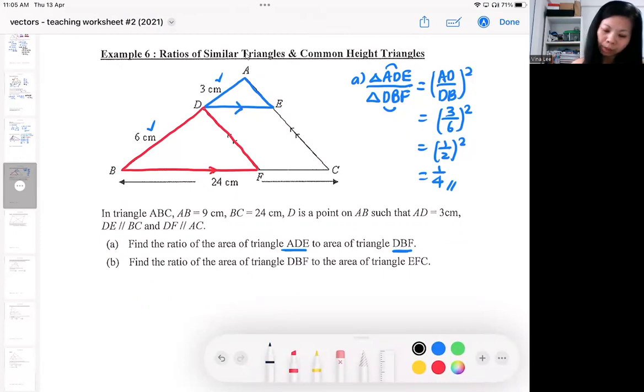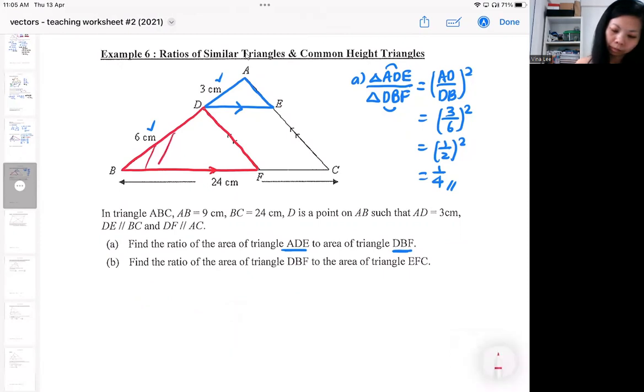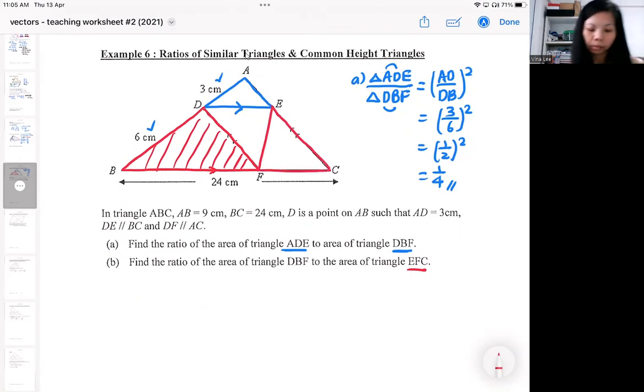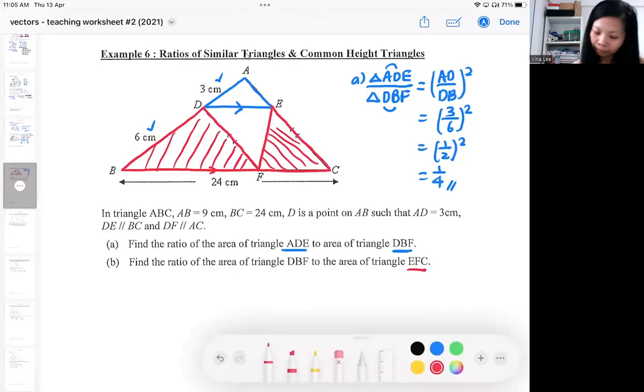The next one is a bit more difficult. That is also DBF, with EFC. EFC is here. These two triangles share a common height.